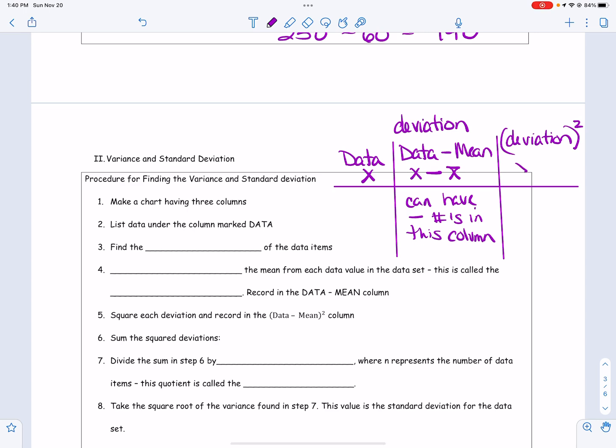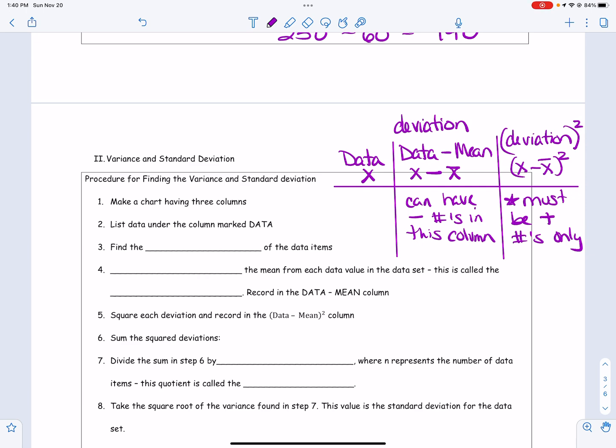So it's going to be X minus X bar squared. And these must be positive numbers only, because a negative times negative is positive, and a positive times positive is positive, okay?